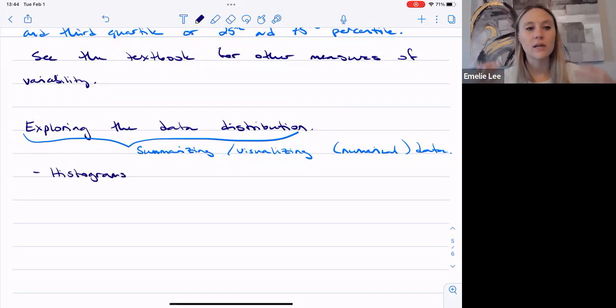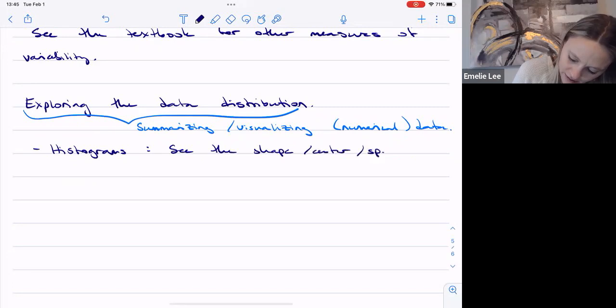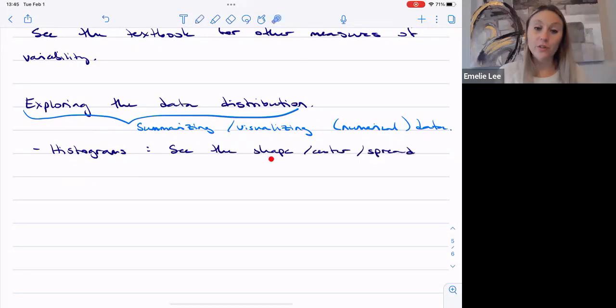And that's kind of where we said, okay, that's where our bread and butter is. If we need to visualize a numerical variable, then we're going to make a histogram, right? And from the histogram, we can describe the shape, the center, the spread. So the shape is the only thing that we haven't really talked about again, but we did talk about the center or the location, and the spread, which is the variability.